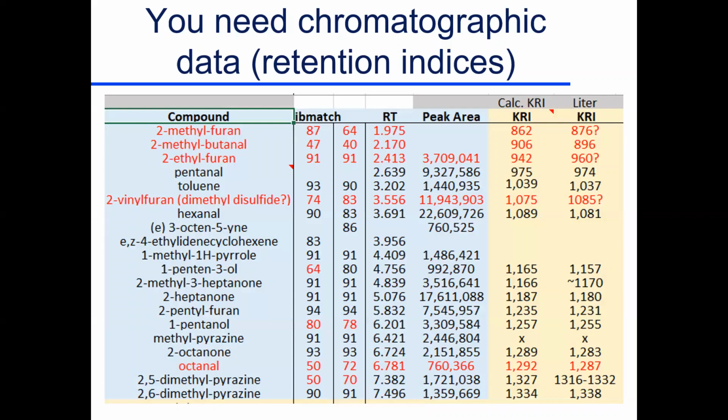What you do is you spike your sample with a complete set of hydrocarbons that may run from C6 all the way out to C22, 23. So you have hydrocarbons as benchmarks, and you actually put the hydrocarbons into your sample. This may be something from your sample.